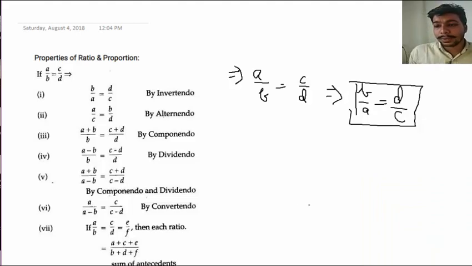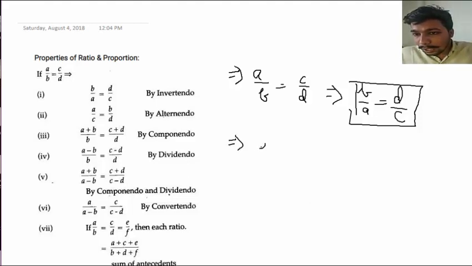Now, alternando. What is alternando? So, again same, we have ratios A by B and C by D. In alternando, we will just switch these both ratios.